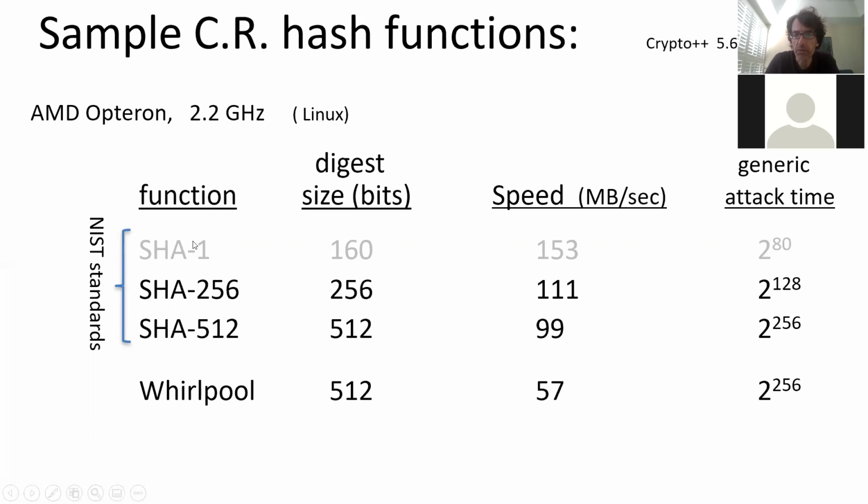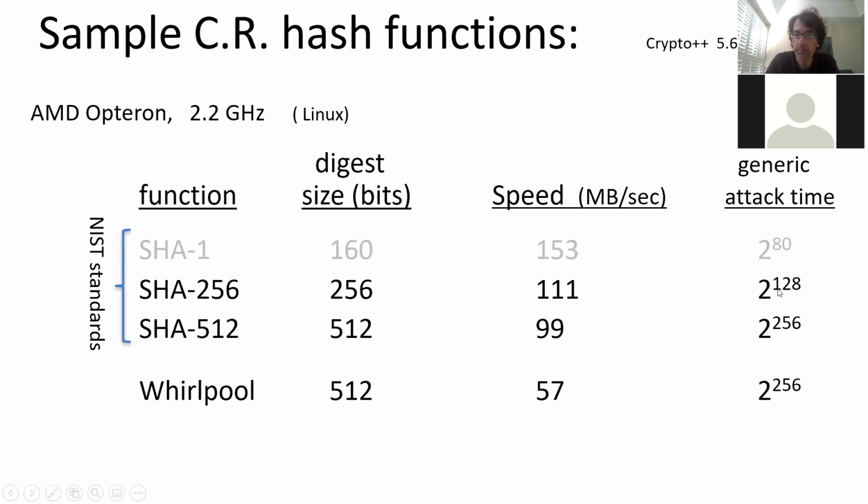SHA-1, which I put in gray because there's an attack against it, was faster, could process messages with a faster speed, and this is, by the way, per megabyte of the input that you're hashing. But because its output was 160 bits, the generic attack is 2 to the half of this, so 2 to the 80.